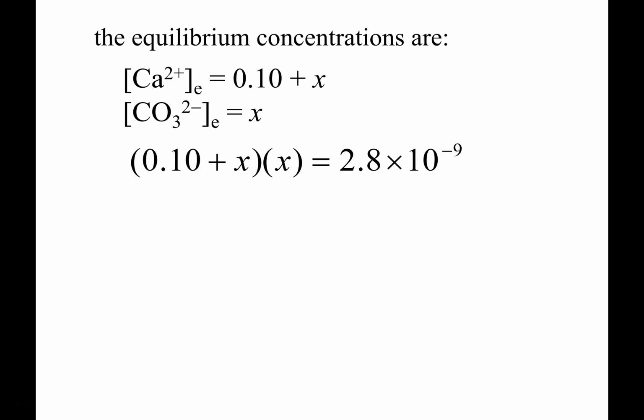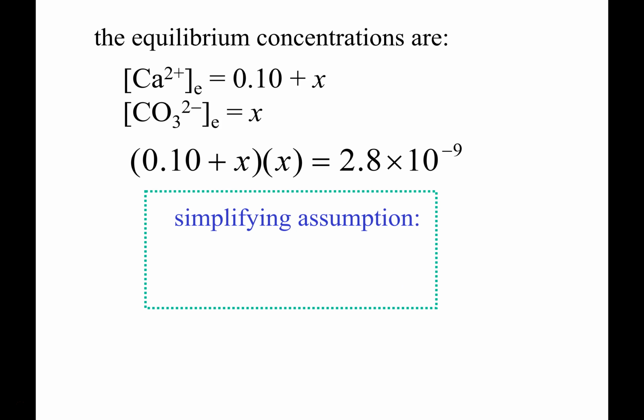And you guys have been doing those, and we can come up with about 2 solutions for x. But don't do that. For this sort of problem, I'm going to have you apply what's called a simplifying assumption. One of your tasks in sorting out problems you're going to run into on the test is to recognize this sort of problem.